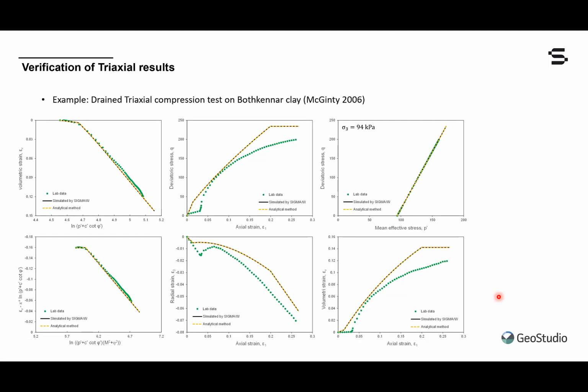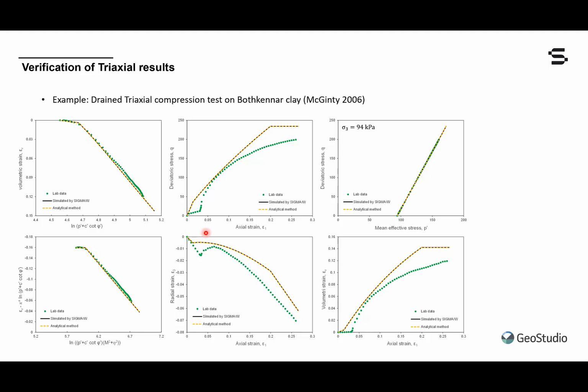The same trends can also be observed for the second test. You can see here that the lab data was either not well captured by our parameterization, and that maybe yield actually occurred at a slightly higher confining pressure. However, that observation is somewhat contradicted by the apparent well-predicted yield stress in these planes.